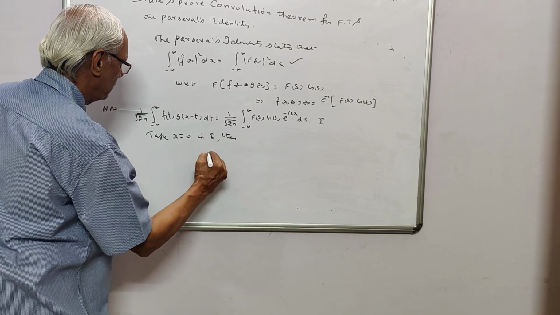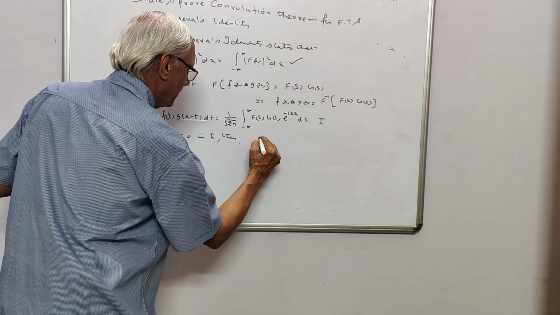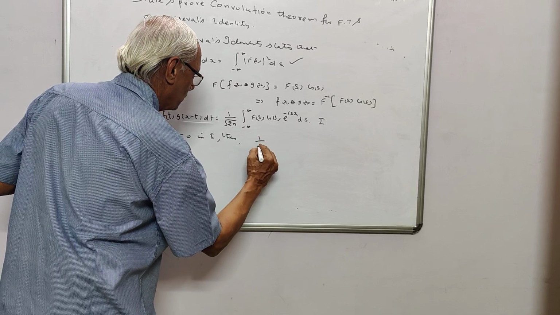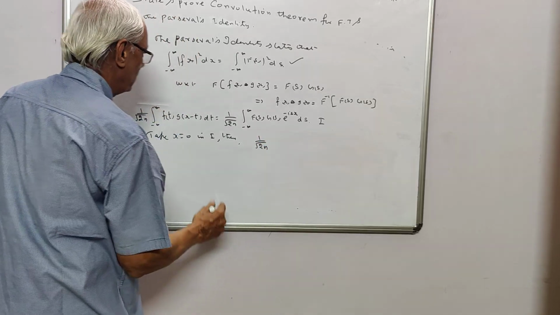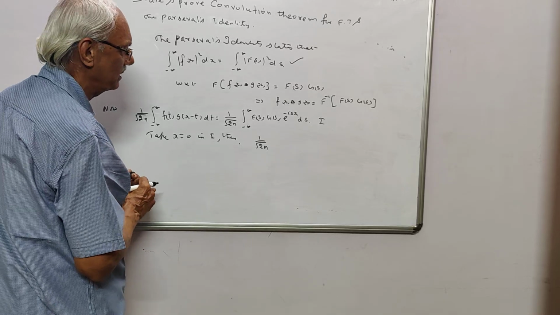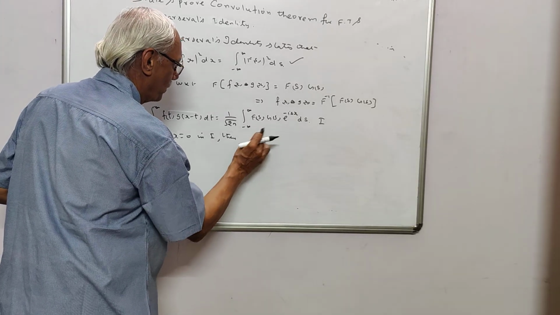Then what is it that you get here? Then 1 by 2 pi, square root of this, is common, so you can very well cancel it, no problem at all.